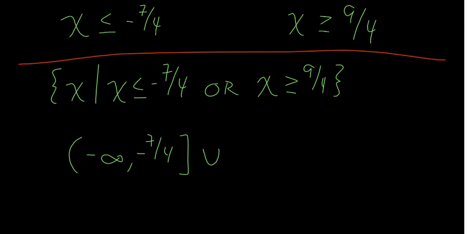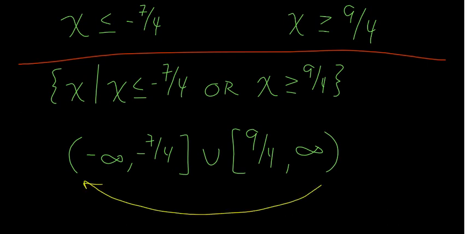Union with, and this is a bracket as well, because we're including 9/4, to infinity. Again, the infinities will always have parentheses, because we're not going exactly to infinity. Infinity is not a number; it's a concept. So we do indeed put a parenthesis there.